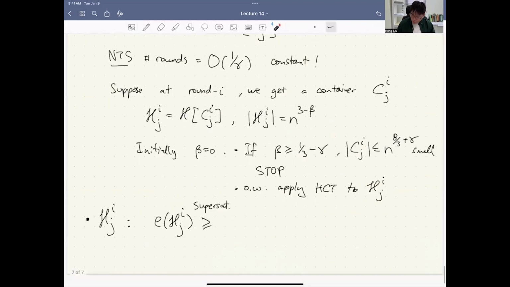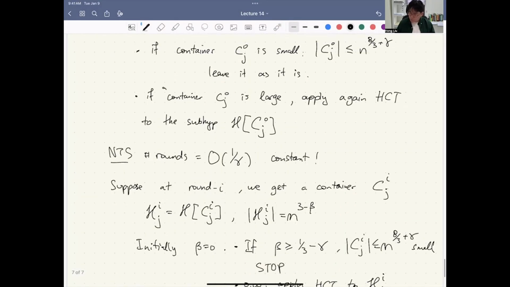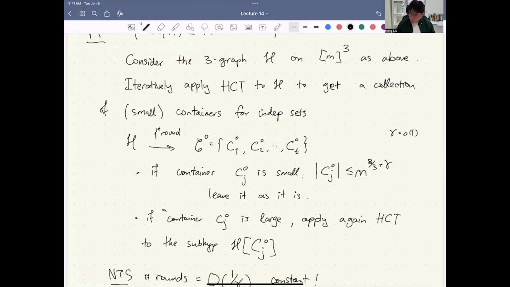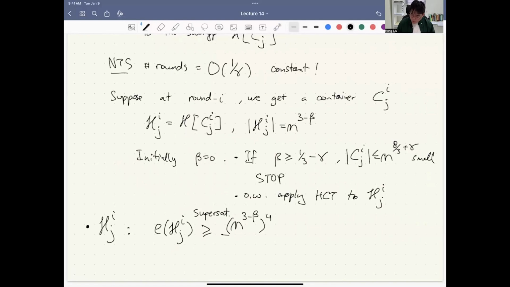Is at least n to the 3 minus beta, to the 4, the size of this set to the 4, over m to the 6, times some constants. So this is roughly some constants, m to the 6 minus 4 beta. Okay.